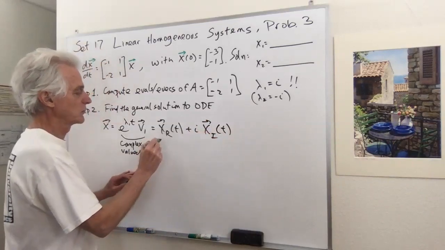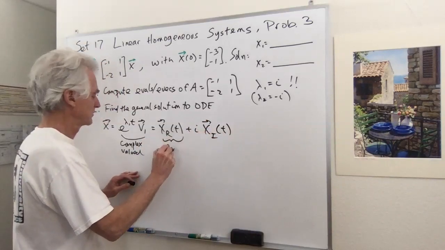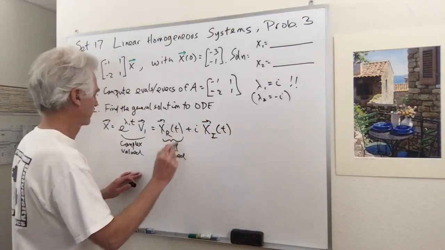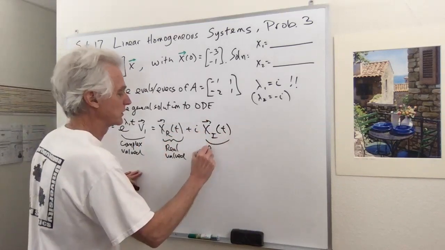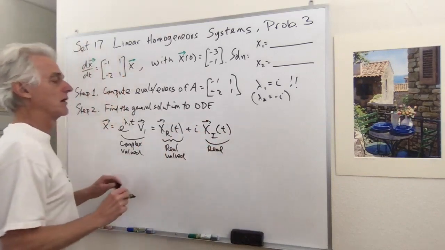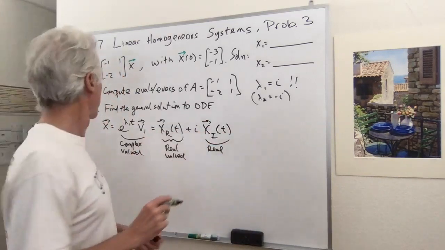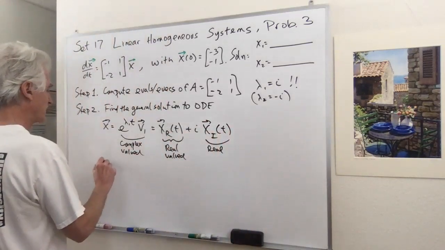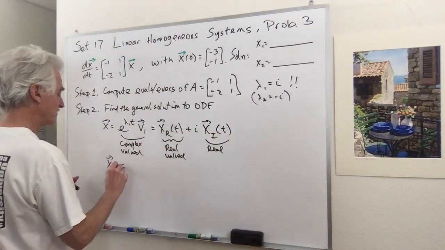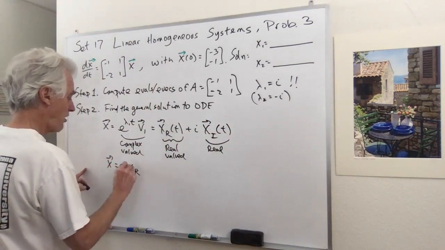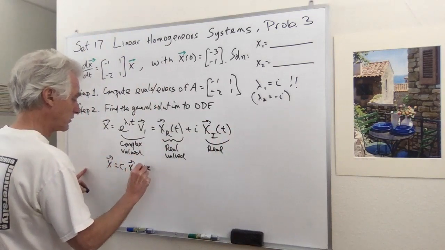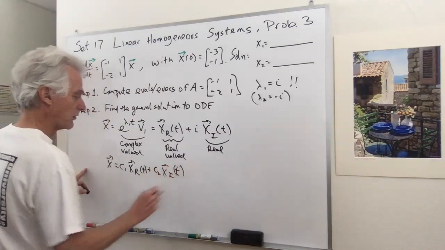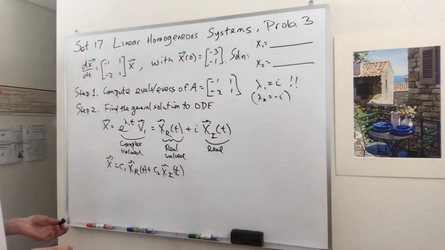So these are 2 real solutions, real valued vectors. And then the general solution is going to be x equals c1 x_r of t plus c2 x_i of t. That's going to be our plan.